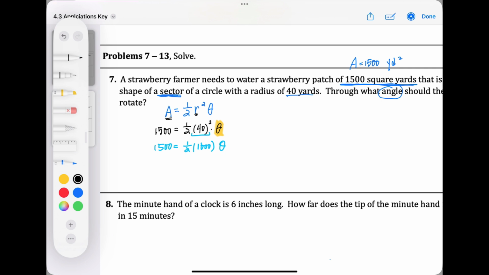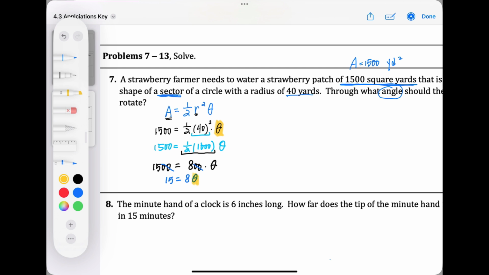And now I can do mental math. Half of the 1,600 becomes 800, right? So that is 1,500 equal to 800 times my theta. You will say that, Ms. Aun said that both have 100, gone. So this tells me I got 15 equal to 8 times theta.